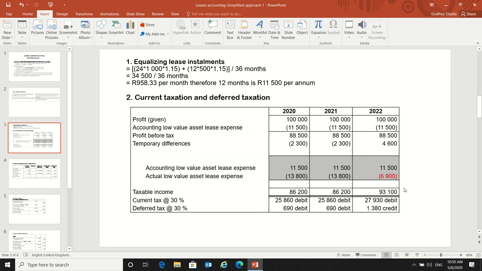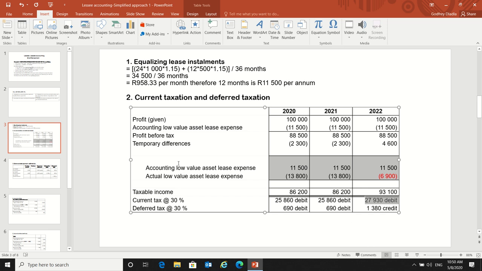Okay, now the difference between the two is a positive amount of 4,600. That positive amount of 4,600, it is deductible. Deductible creates an asset, debit balance sheet, credit income statement, which is this one, right? Then 88,500 plus 4,600 will give you the 93,100 times 30% gives you the tax of 27,930.